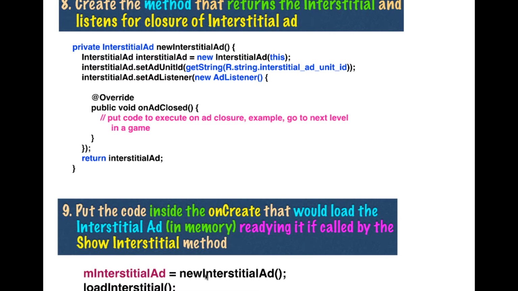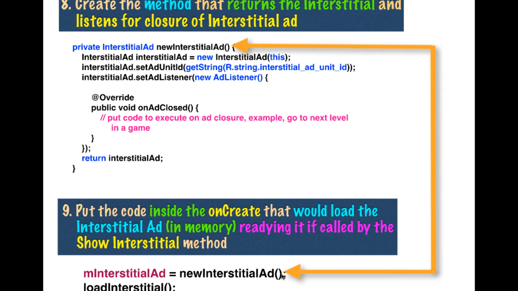Interstitial ad equals new interstitial ad. Sorry if I have difficulty pronouncing that interstitial. It's a little bit difficult to pronounce. And you have to call your load, since you already have that variable, you have instantiated that private variable of interstitial ad. Here you instantiate it by saying new interstitial ad. This is the method or the function or whatever thing in Java that instantiates this variable.